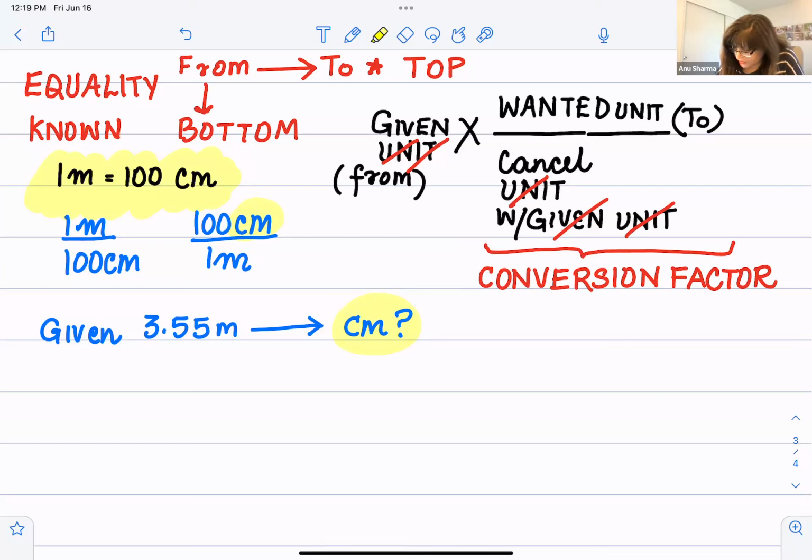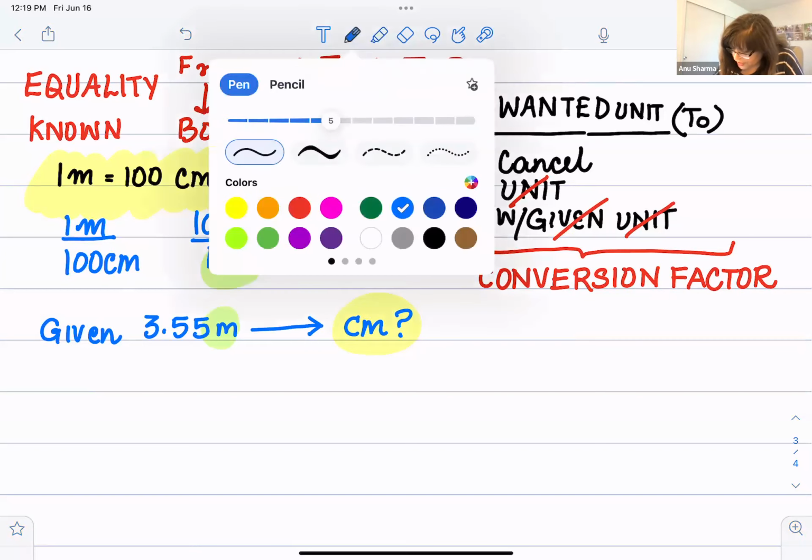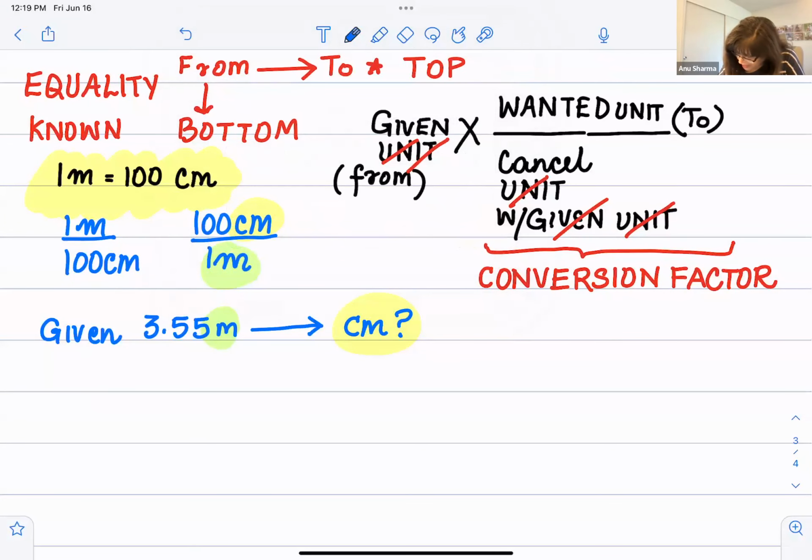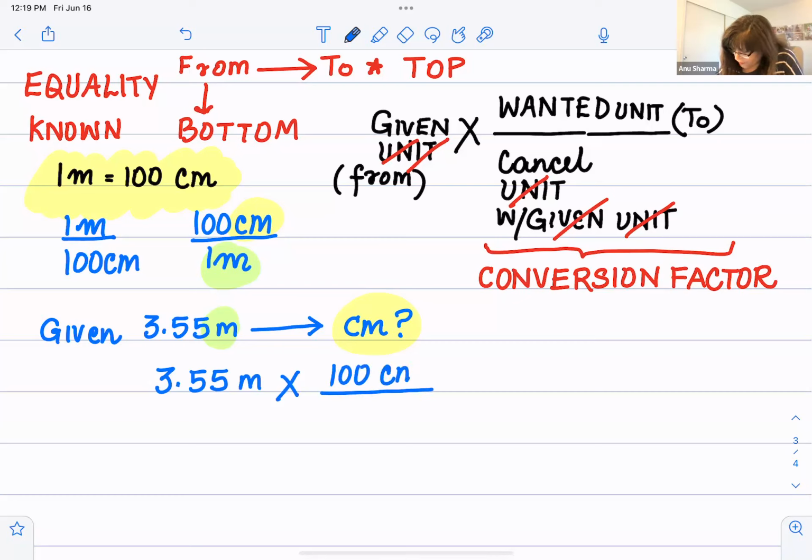You are given the meters, but you want to cancel the meters out, so you use the second conversion factor. All you need to do is put the 3.55 meters and multiply that by 100 centimeters over 1 meter.